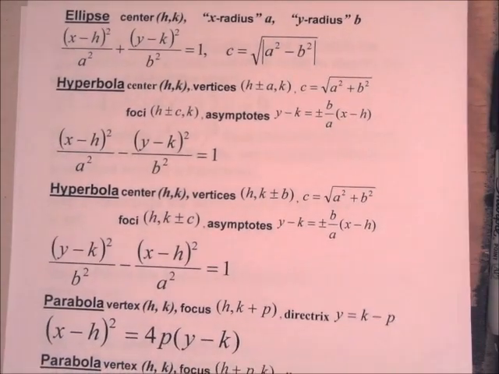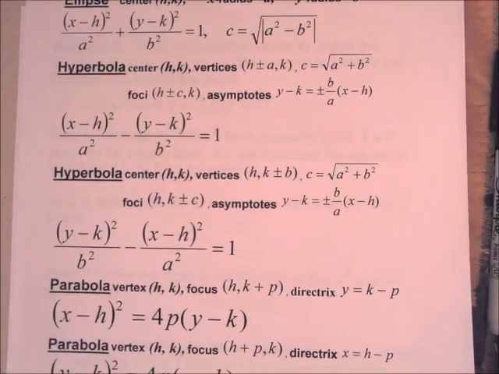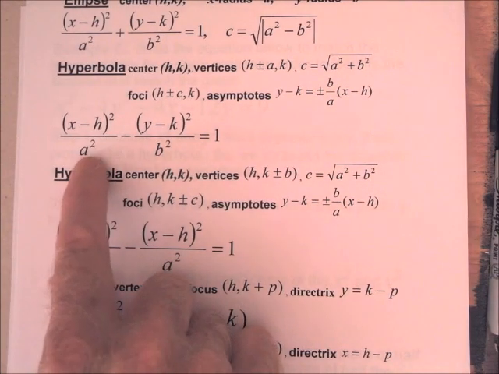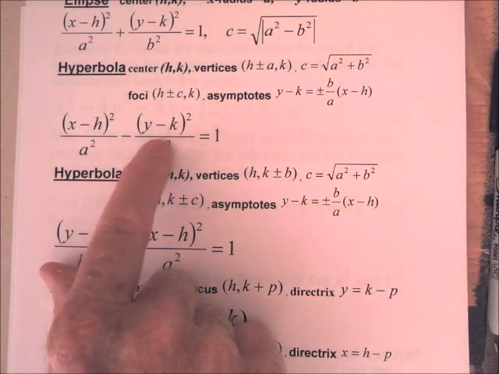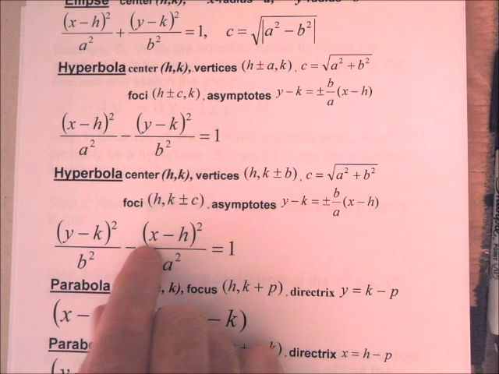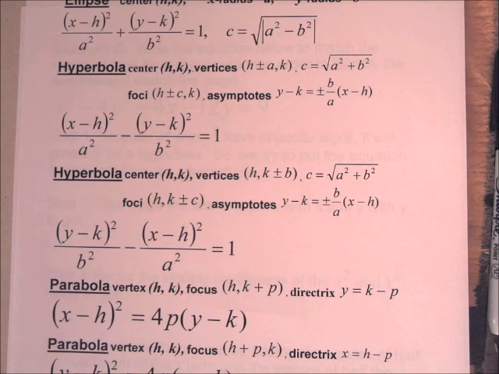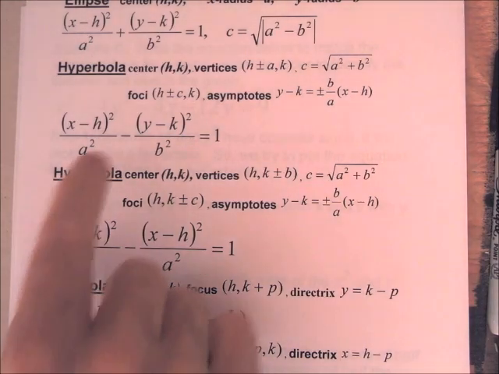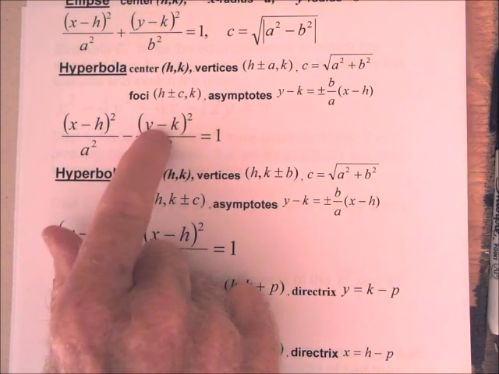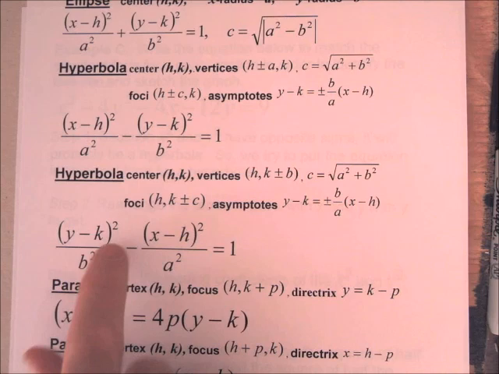We have two formulas for the hyperbola, depending on whether the x squared comes before the minus sign, or the y squared comes before the minus sign. If the x squared comes first, it's going to open left and right. If the y squared comes first, it'll open up and down.